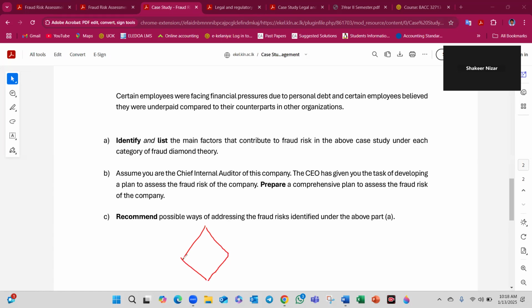It is opportunity and capability. Here you have motivation or the pressure, we call it pressure, and you are rationalizing, you are justifying your fraudulent activity: rationalization.